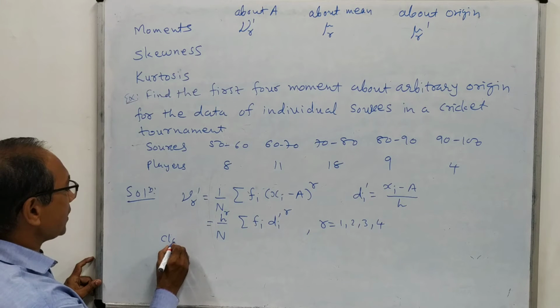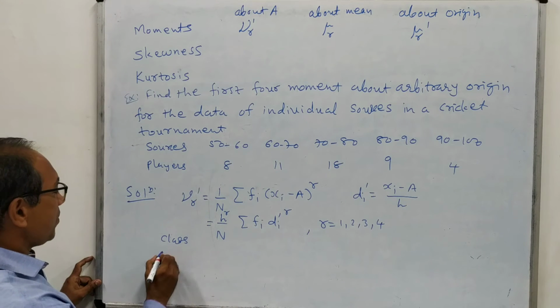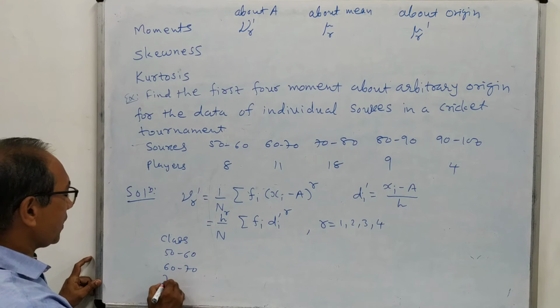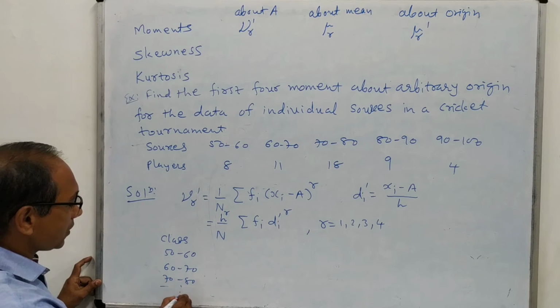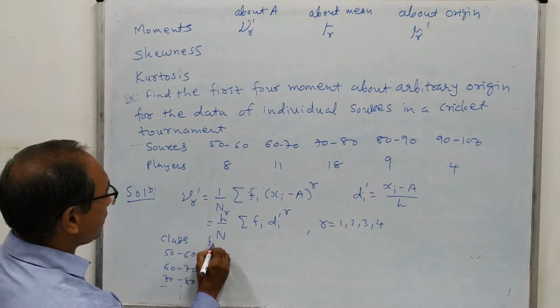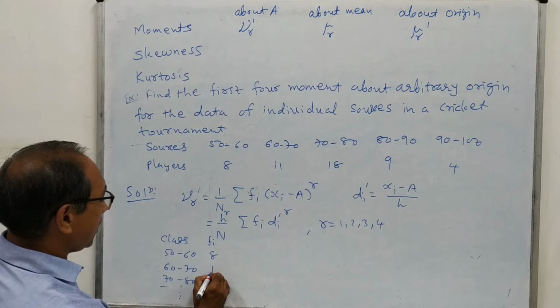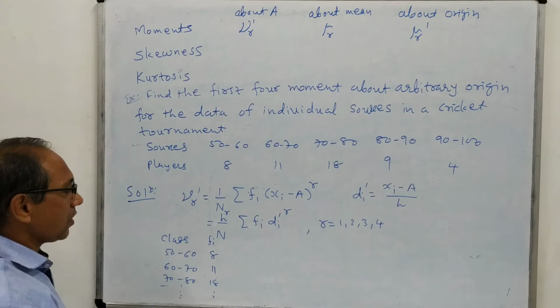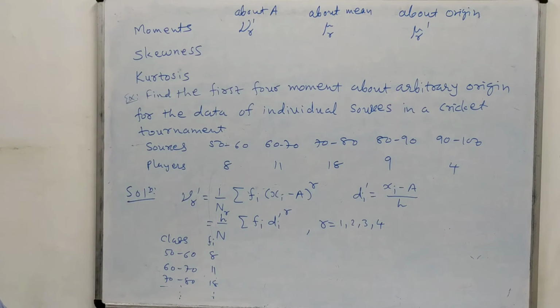So here we have the classes given: 50 to 60, 60 to 70, 70 to 80, like this. Others you can do, because the procedure of constructing the table is the same as we started from the study of arithmetic mean. So here frequencies fi are 8, 11, 18. Then you can write down the other values in your notebook, so you can calculate the same problem simultaneously with me.